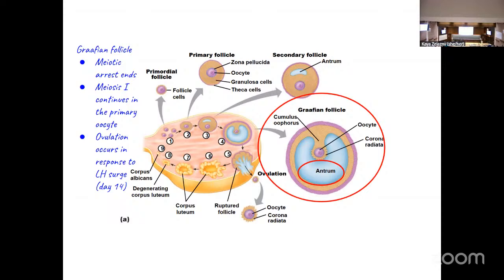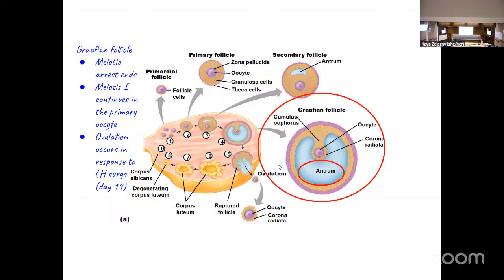We've been in this pause phase. We've been stuck in prophase of meiosis 1. Now is when we're going to continue that meiosis in our dominant follicle, in this primary oocyte, in the one that wins, basically. And that is around the same time as ovulation is occurring.